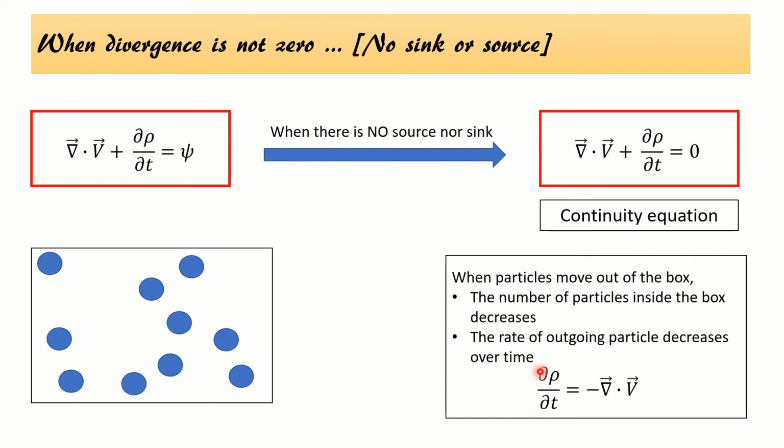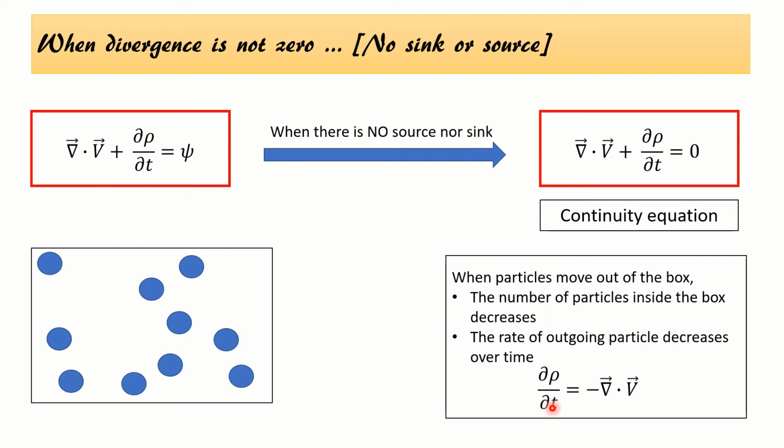And I just have to rearrange this equation so that I have the partial derivative of rho with respect to time equal to the negative of the divergence of the field. And since the divergence of the field is positive, as we have mentioned, because it's outgoing, the rate of change of this rho, which is the density, for example charge density or density of the water, is going to be negative.